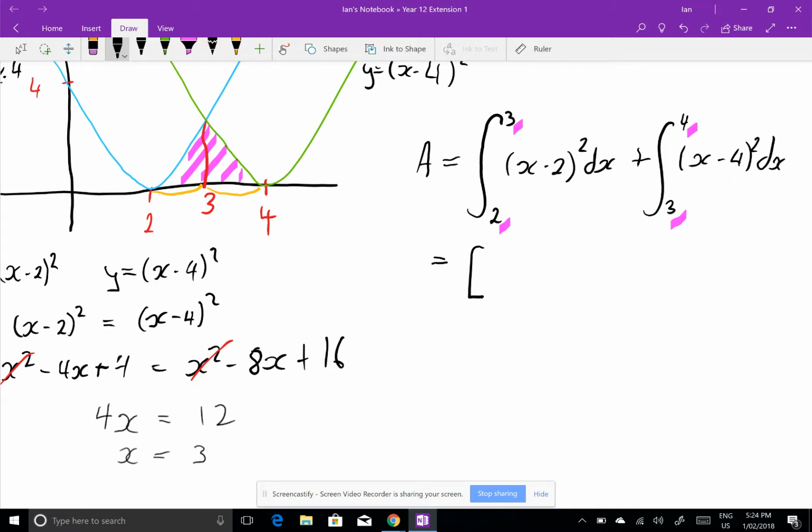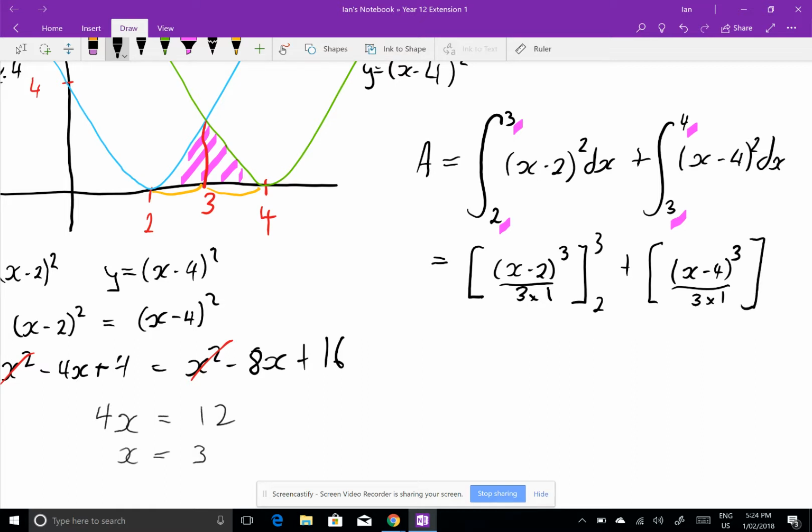It's x minus 2, add 1 to the power, divide by 3, times the derivative of that thing, which is just 1. And that's between 2 and 3. Let's do the other one. We get x minus 4 cubed divided by 3, times the derivative, which is just 1 because it's linear, between 3 and 4.